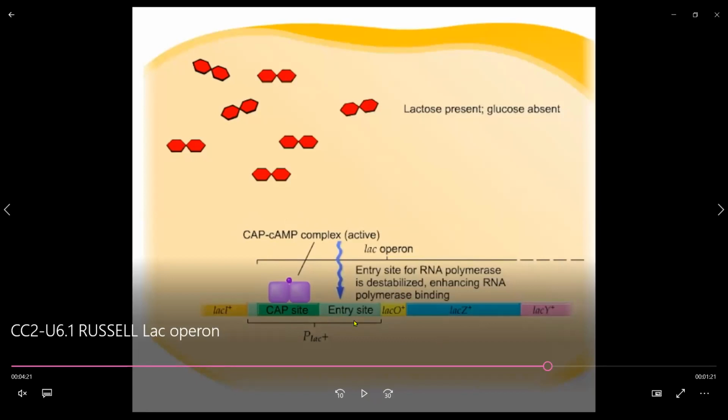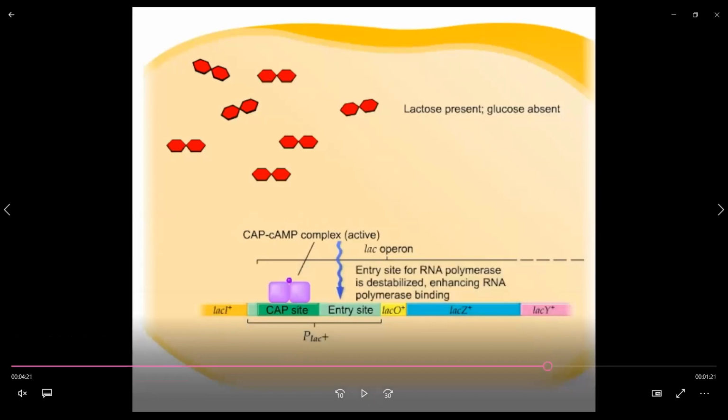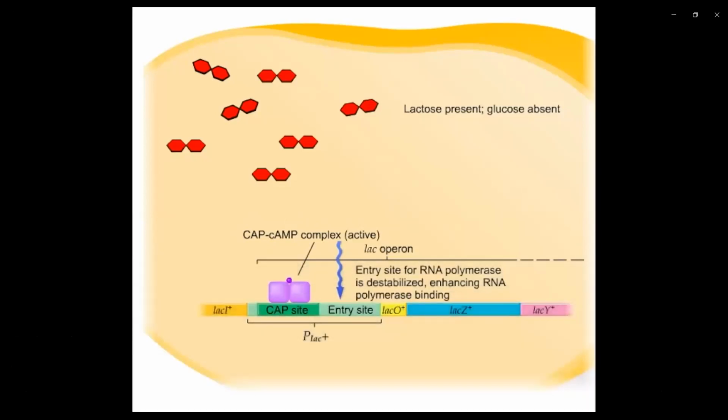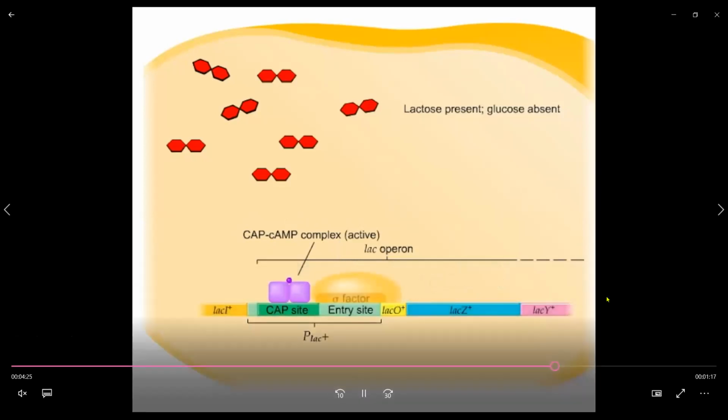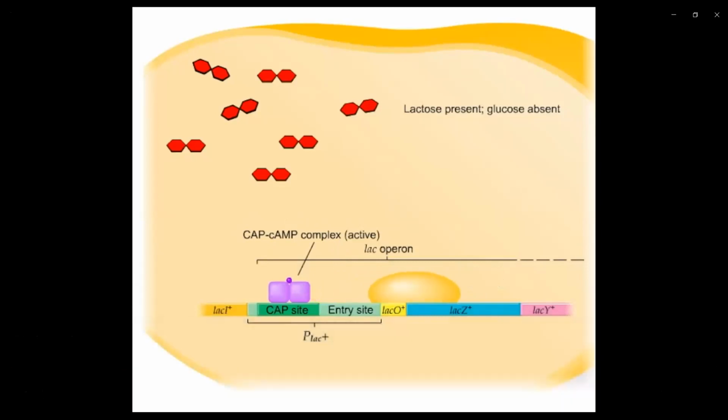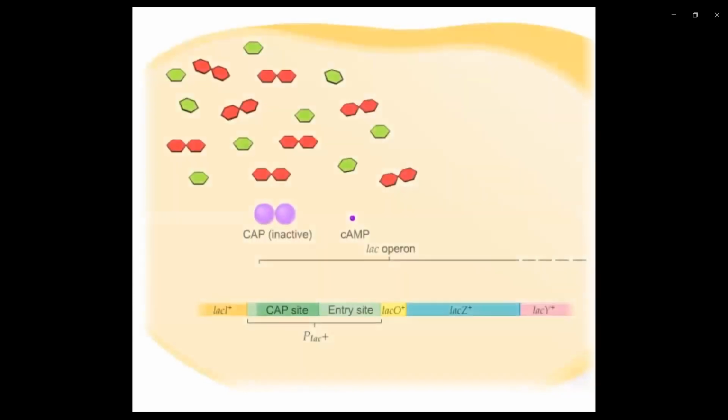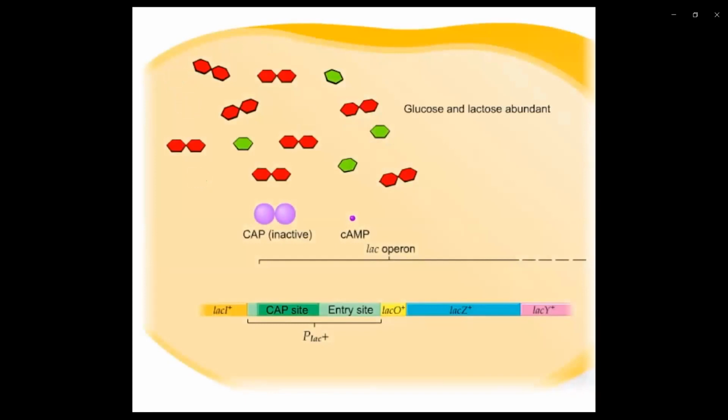This is the entry site of RNA polymerase, and this CAP-CAM complex binding will now facilitate the RNA polymerase to enter into the entry site. So you see, it has facilitated the RNA polymerase to enter, and we are getting enhanced transcription. So this was the story of glucose and lactose abundant, low cyclic adenosine monophosphate. First, glucose is utilized.